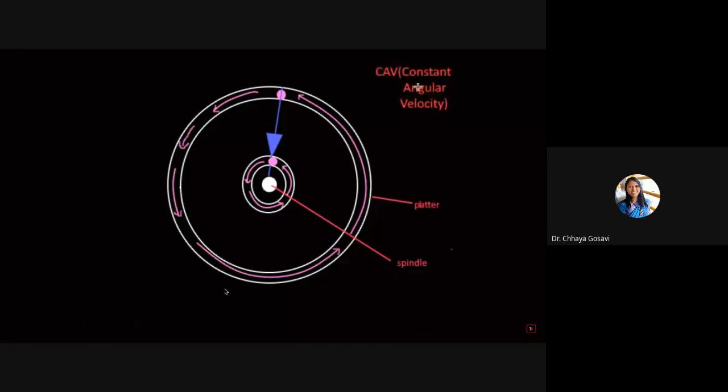Thus, to maintain this constant angular velocity, the speed of the outer tracks or outer surfaces should be faster than the inner tracks. That is, the linear velocity of the outer tracks should be higher than that of the inner tracks. Thus, the outer track is longer than the inner track. Hence, the outer tracks can keep a larger amount of data than the inner tracks.